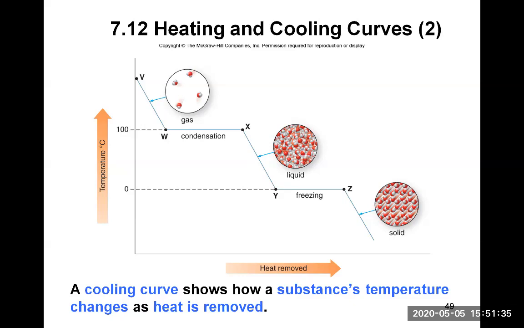We have reached the freezing point at point Y. And all the while that the liquid is transforming into a solid, the temperature cannot change, and you stay at the freezing point. So at point Z, all the liquid has been changed into a solid. And when you continue removing heat, now the temperature of the solid is decreasing. So you see the temperature decrease again from Z downward.